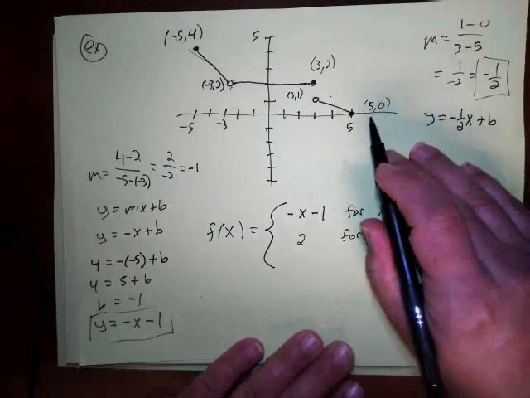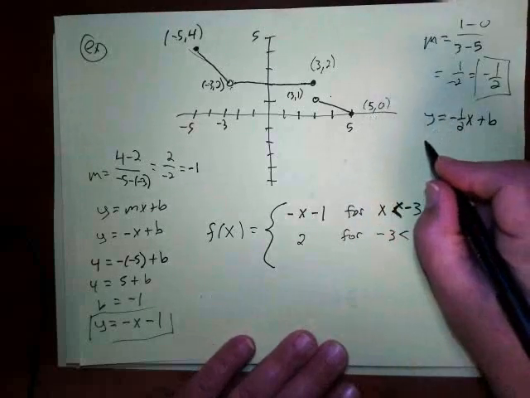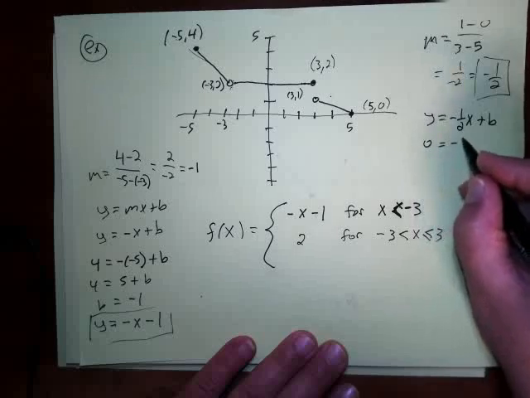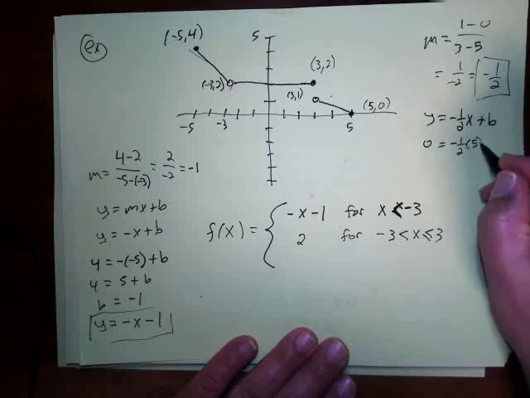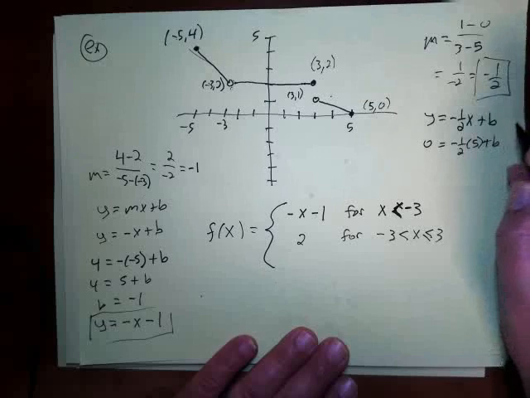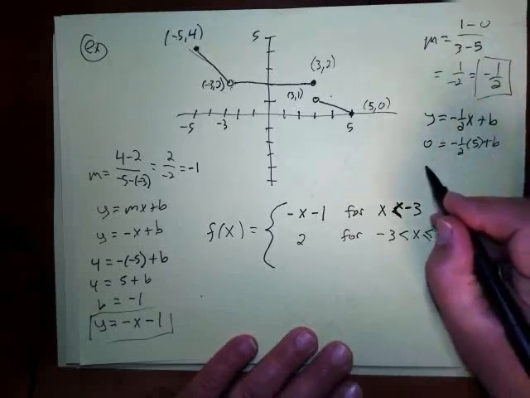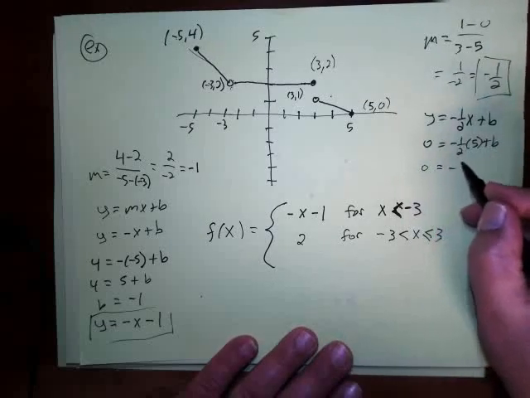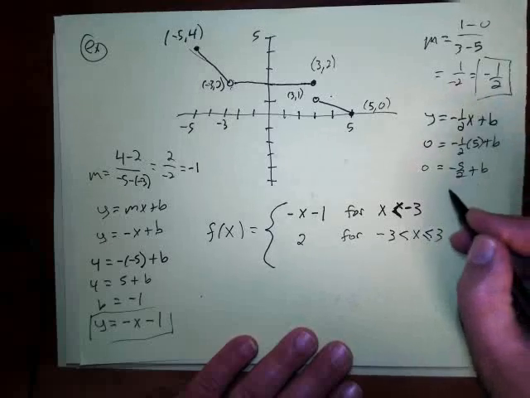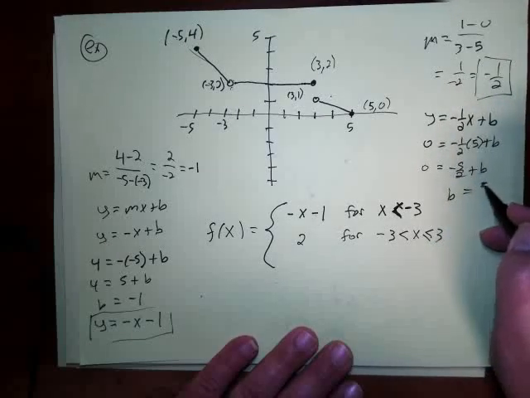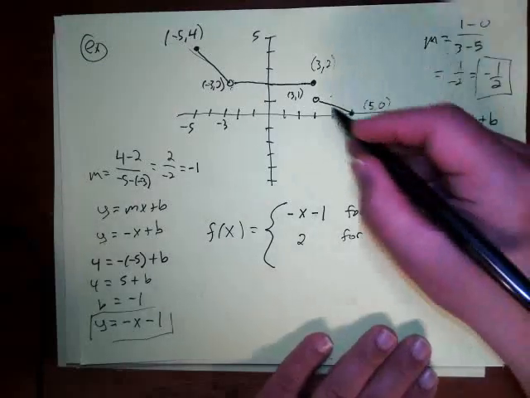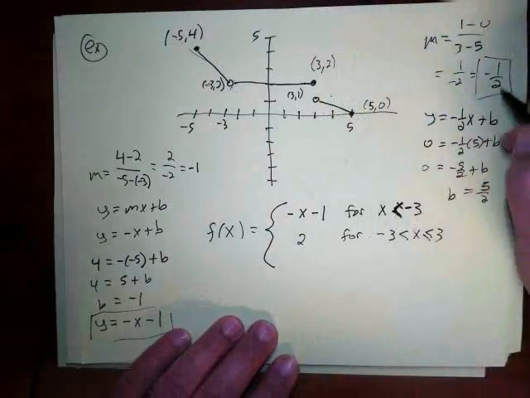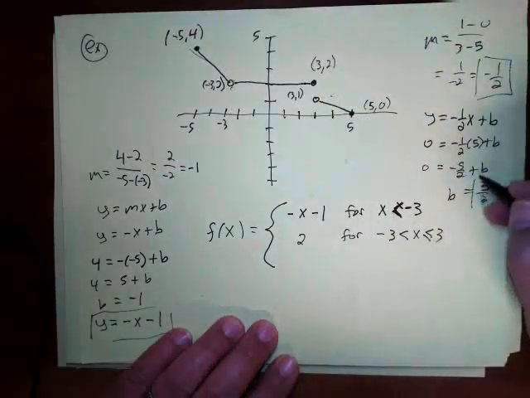And then what I'll do is put in this point here, where I get 0 for my y is equal to negative 1/2 times 5 plus b. So this will be equal to negative 5/2 plus b, and so my b is just equal to 5/2. So then this line, this is my slope, this is my y-intercept.